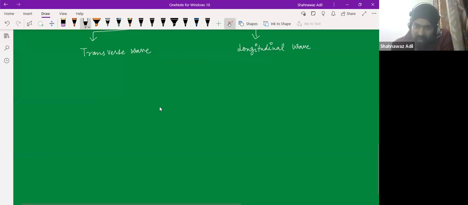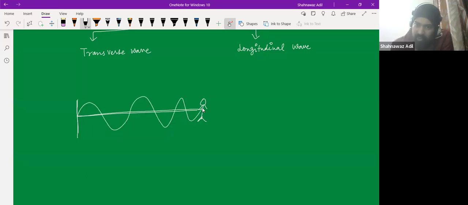You have this rope, and this person moves this rope in this way. So this part is fixed, but the rope is moving like this. Have you guys seen these kinds of videos?